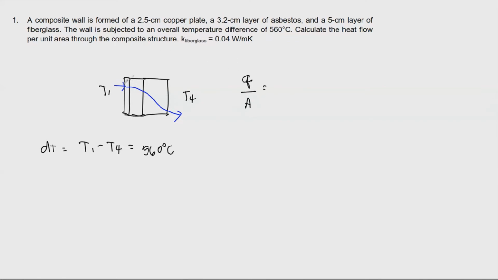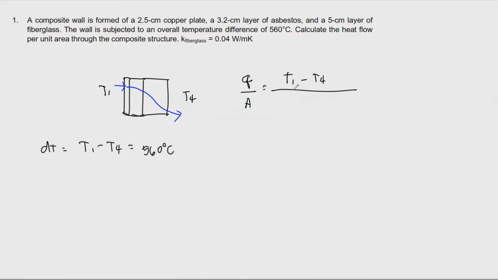So we're assuming that all the slabs have the same area. With that, we're just left with the temperature gradient, which is equal to T1 minus T4, and we're already given that value, which is 560 degrees Celsius.